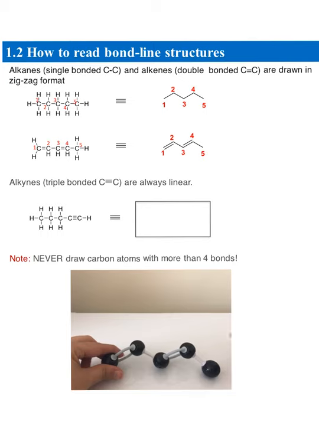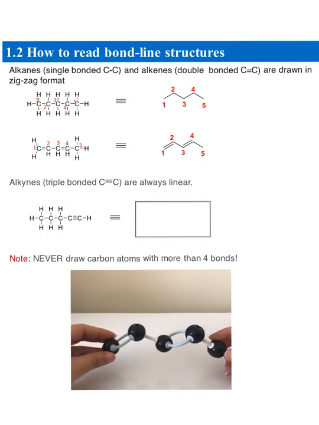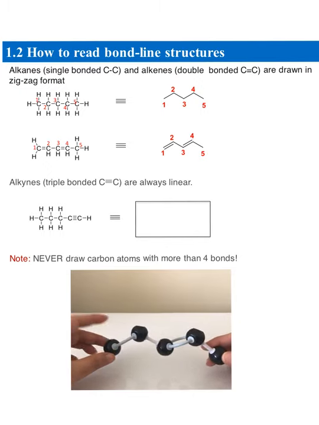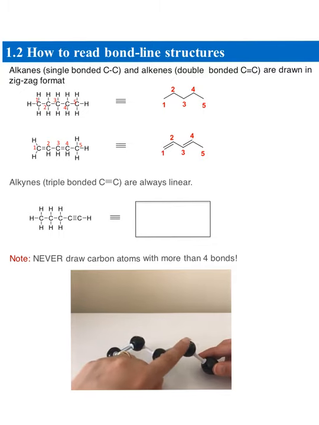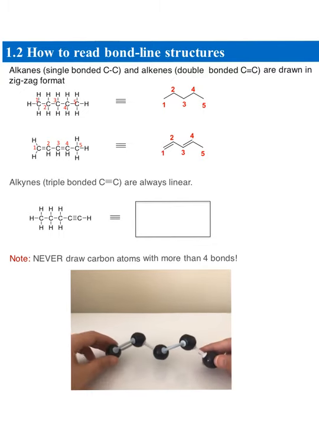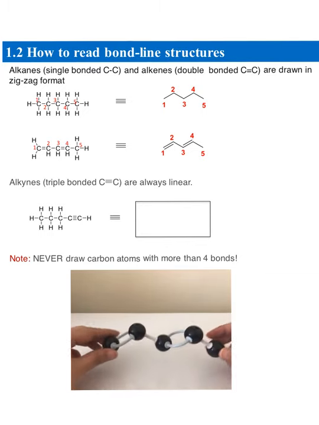Okay, so this is the 3D model of an alkene. The second molecule that you can see, I drew here. This is carbon number 1, carbon number 2, 3, 4, and 5. As you can see, there is a double bond between carbon 1 and 2 and carbon 3 and 4.